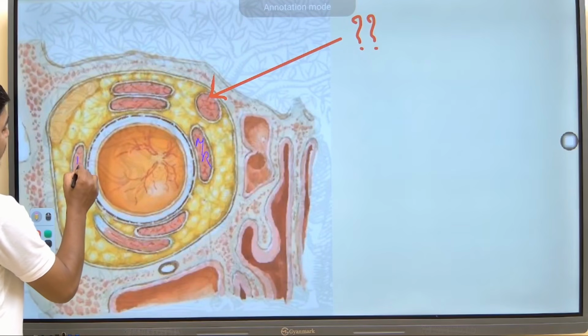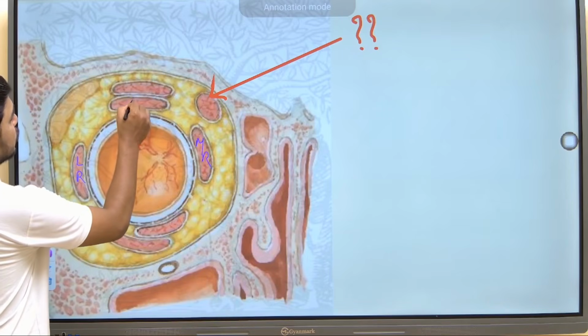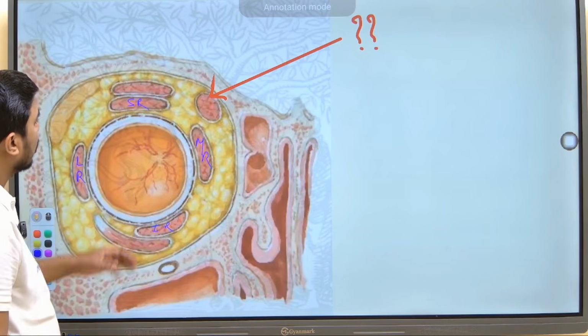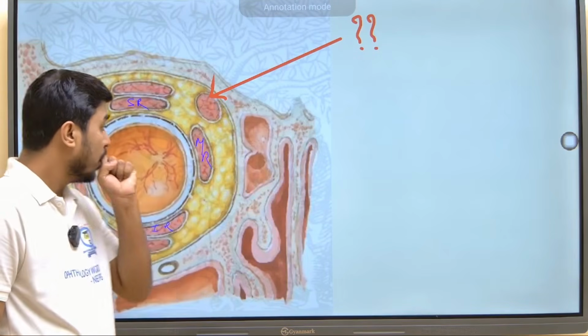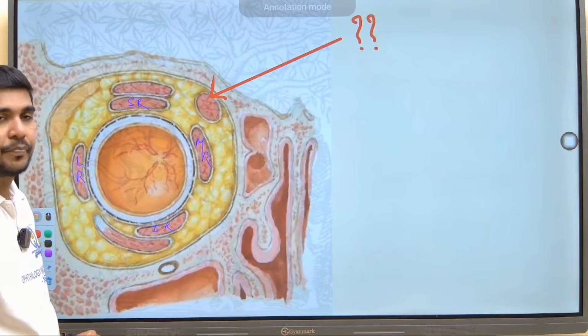What is this? This will be lateral rectus. What is this? This will be superior rectus, and this is inferior rectus. So these four muscles are very easy to identify. Got it? Now what about this, and this, and this?